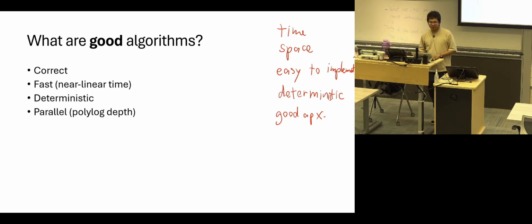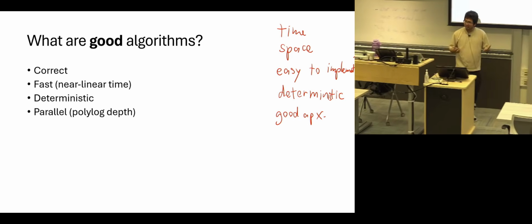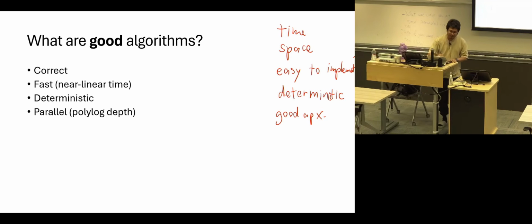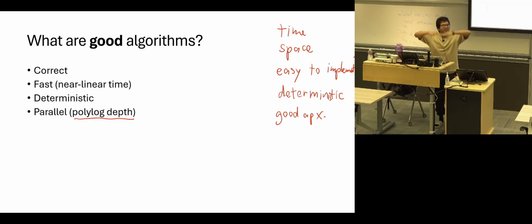So if the problem size is a million and you have a million computers, maybe you want the parallel depth to be close to logarithmic, polylogarithmic. That would be good.